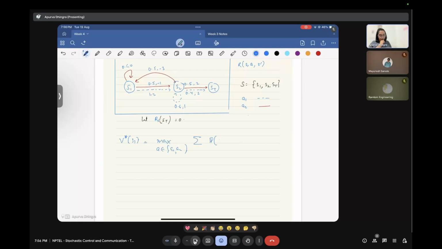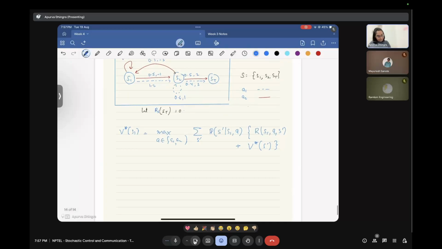We're taking the probability of going to some state S dash, starting from S1 and action A. We take the reward from S1A till the state S dash, and we add the value function for the next state.